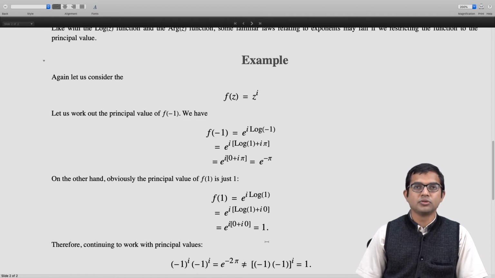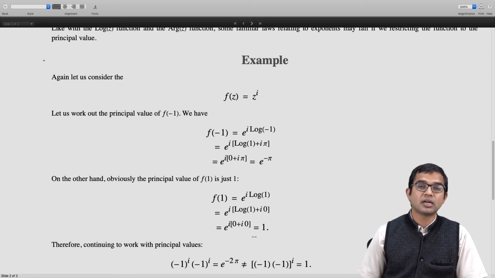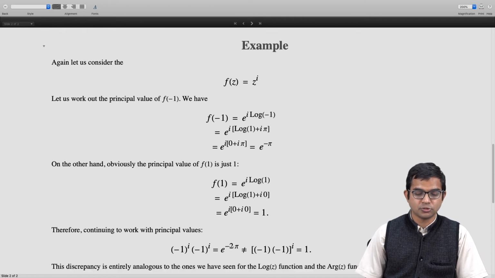Usually we're used to identities like z1^c times z2^c must equal (z1 z2)^c, but this kind of identity may not hold if you restrict to the principal value. Here, -1 times -1 is just 1, so 1 to the power i is going to be 1. So clearly 1 is not equal to e^(-2π).